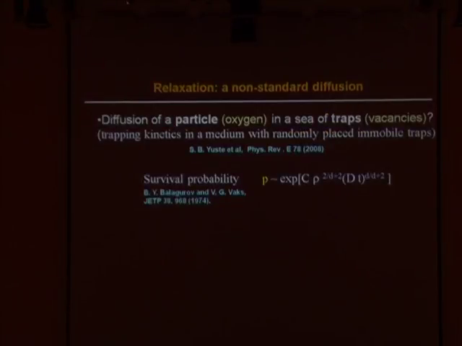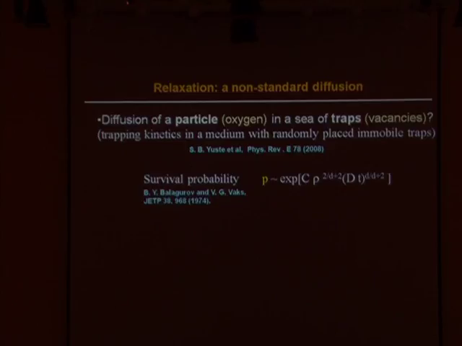We were thinking that this is probably more associated with the problem of a particle diffusion in a sea of traps, because when you apply a pulsing treatment and increase, for example, the oxygen concentration of the sample near one of the contacts, then this concentration is not at the equilibrium value, so you have a diffusion. But whether you have oxygen diffusion in interstitial positions or in grain boundaries, you will only have a change in the resistance when this oxygen is trapped.